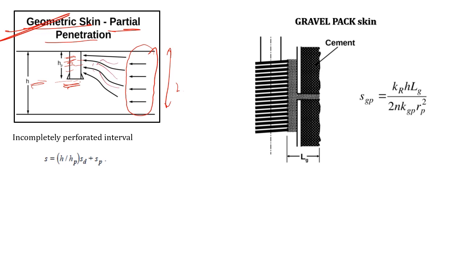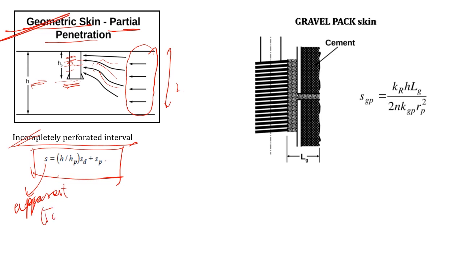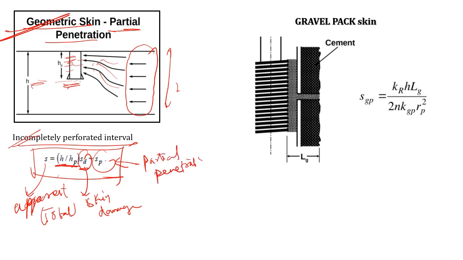Because of this convergence I will get an additional pressure drop. Because of this incompletely perforated interval, this is the formula for skin, where S is my apparent or total skin, H by HP into SD, where SD is the skin due to damage, and SP is my skin due to partial penetration. This is how you account for partial penetration skin, where H is the height of the reservoir and HP is the height of the perforation.